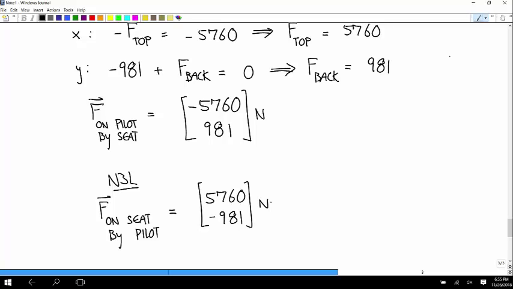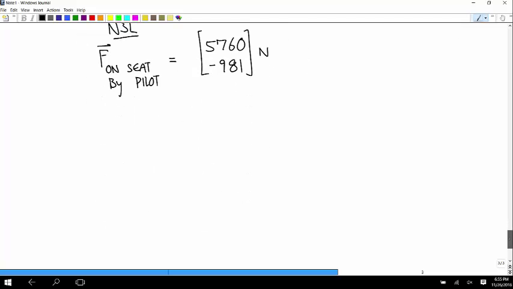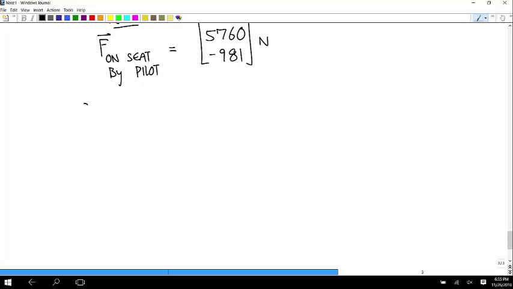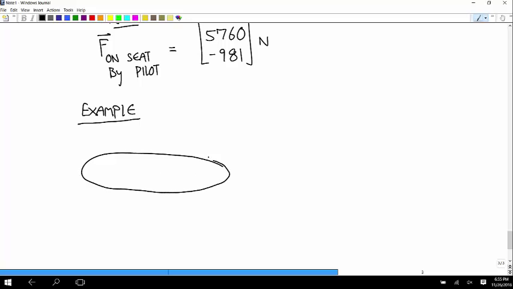Okay. Let me do another one. Okay, so let's say that there's a little ball that's connected to a cable.